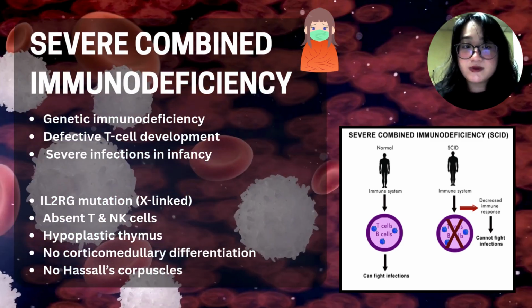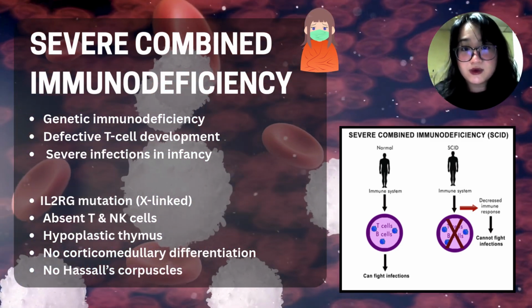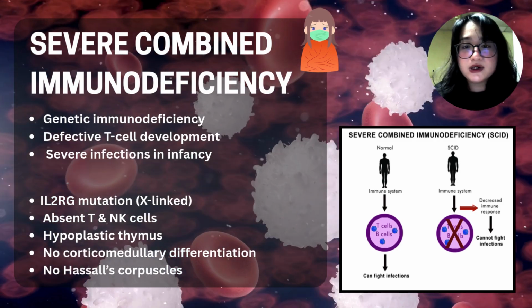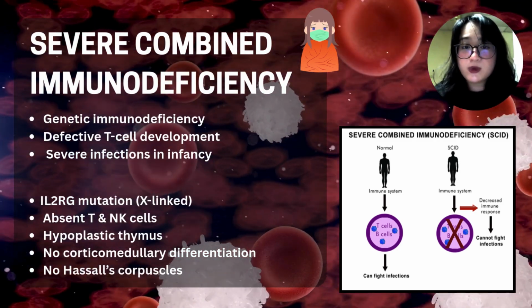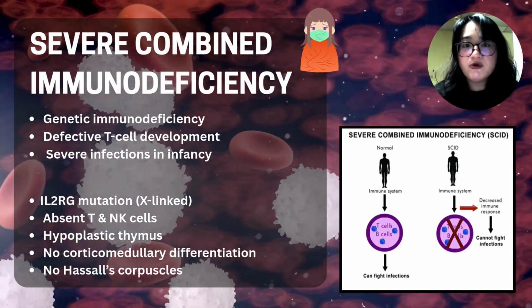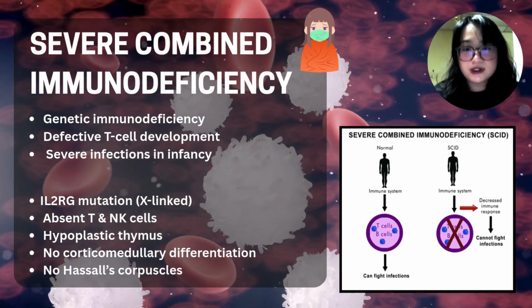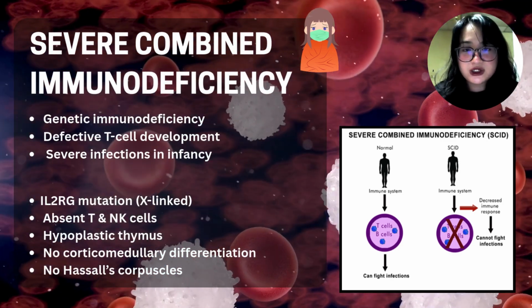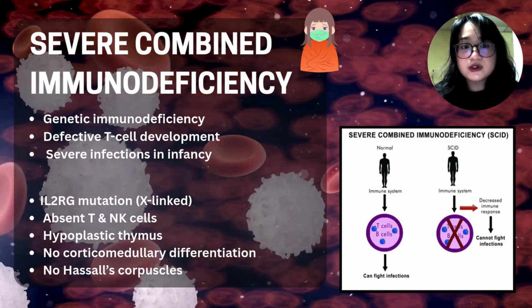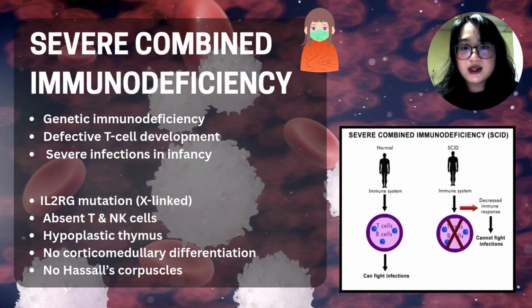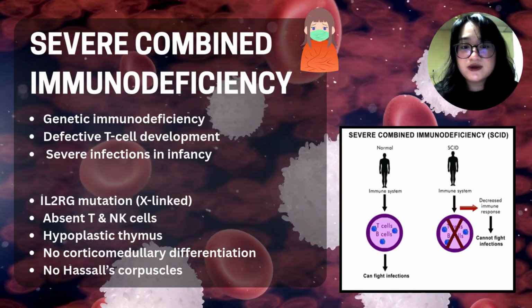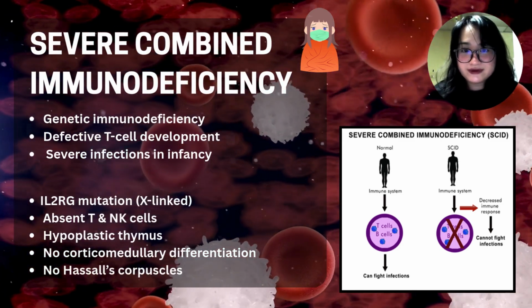This highlights the importance of the thymus in immune development. The primary treatment for SCID is hematopoietic stem cell transplantation, which replaces the defective immune system with functional immune cells. When diagnosed early, this treatment significantly improves survival and quality of life.